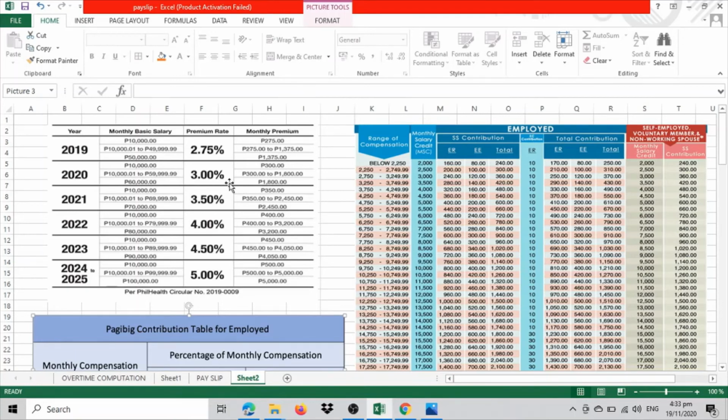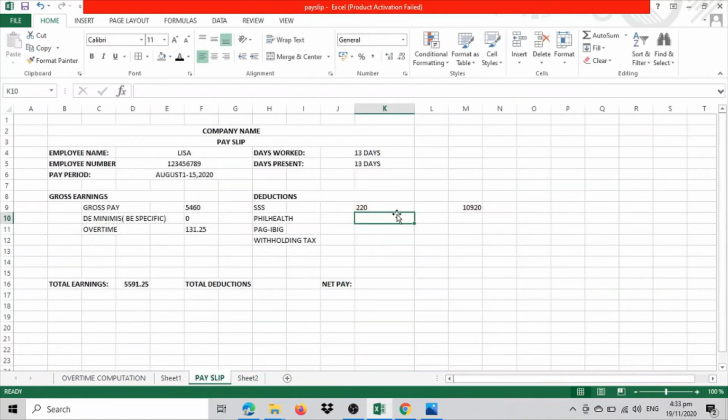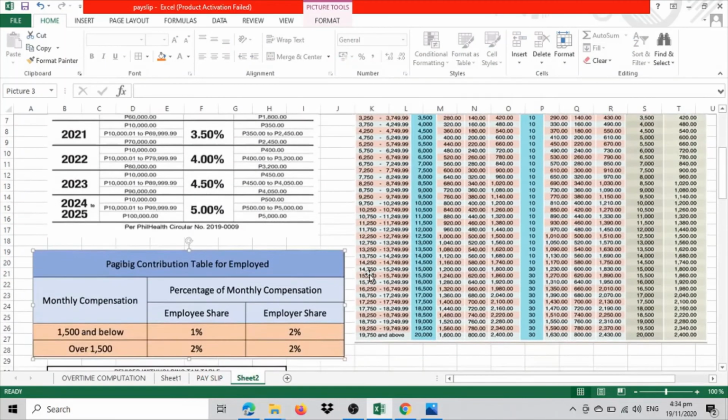So we have again 10,920 multiplied by 3% or 0.03. So her PhilHealth contribution will be 327.6.